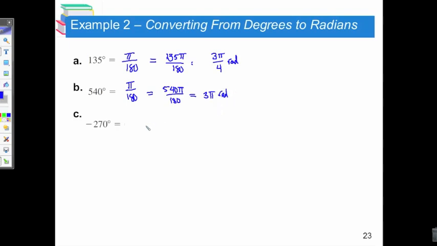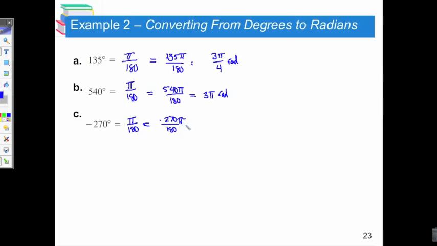Alright, and my last one, I'm looking at a negative angle. Does that change anything at all? No, I'm still converting the exact same way. Pi over 180. And again I multiply across, so I'm looking at negative 270 over 180.